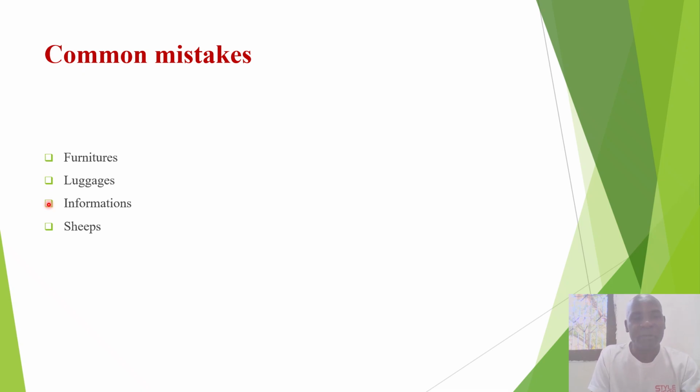They say informations, they say sheeps, and many others. These are very common mistakes that many learners or anyone learning English can make. So we need to be very, very careful when we are using these invariant nouns that don't change their forms. Otherwise, we'll end up constructing sentences that are not correct in English.